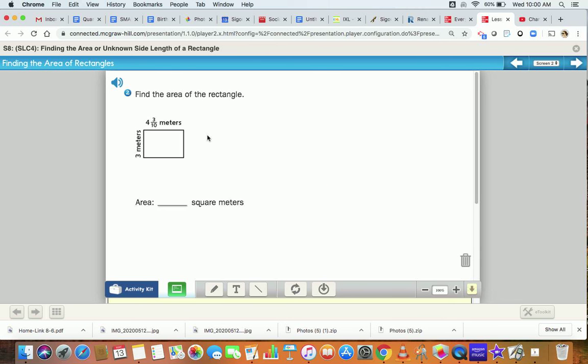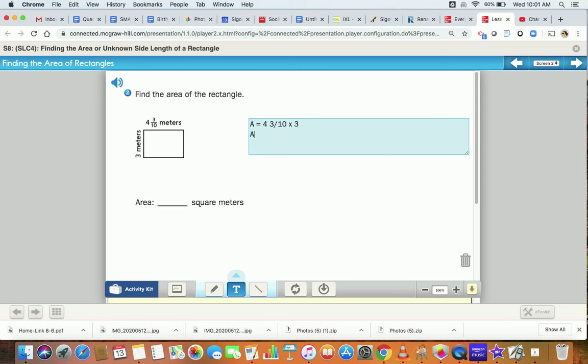We have 4 3/10 for length and 3 meters for a width. So one of them has a fraction, the other one does not. So go ahead and pause and solve for the area. Okay, so again, the area would be equal to the length, which is 4 3/10, times the width, which would be 3.